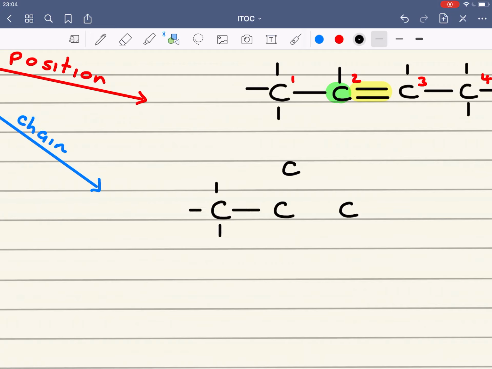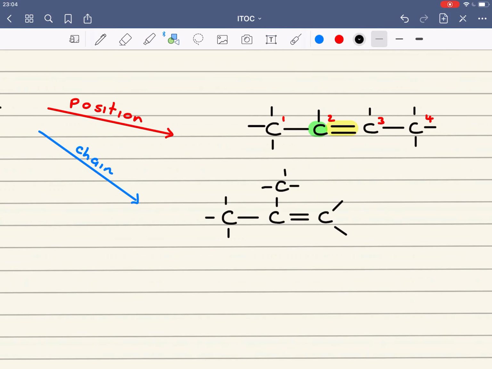But we still need a double bond, and that is methyl propene. And we can see there, rather than being 4 carbons in a row now, it's a chain isomer because the 4 carbons are now not in a straight line.